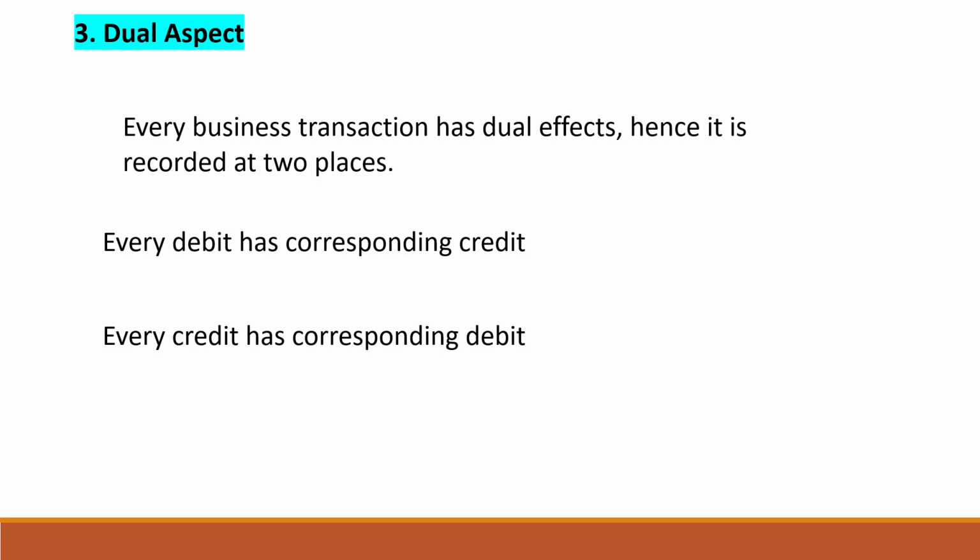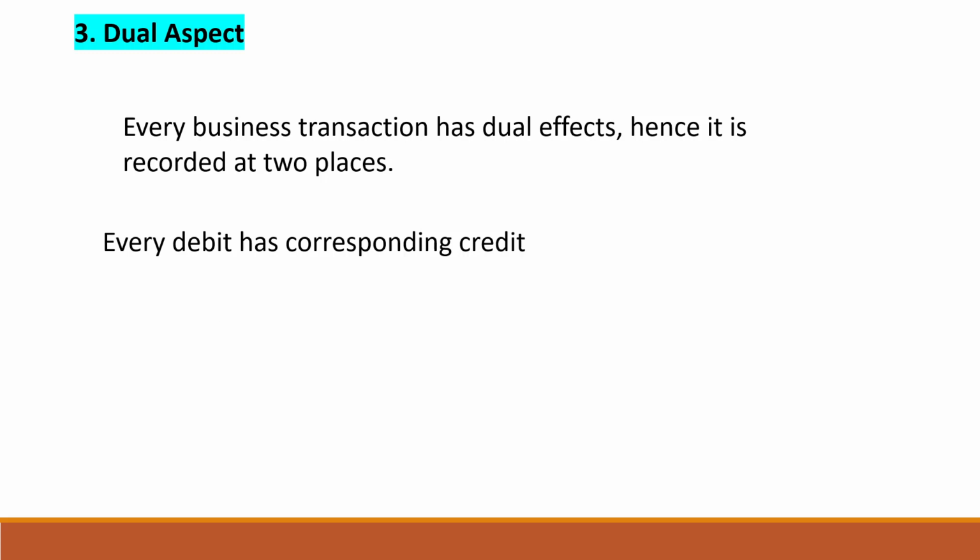Okay, so as per this dual aspect concept, every transaction is recorded at two places, and because of this, the accounting equation, that is assets is equal to liabilities plus capital, is formed. So this is one of the important concepts in accounting, that is dual aspect, right?